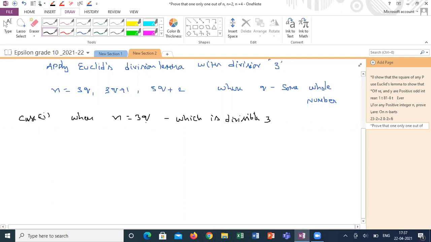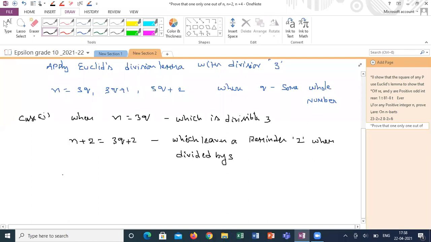When n is equal to 3q, my n plus 2 will be equal to 3q plus 2. That means it leaves a remainder 2 when divided by 3.